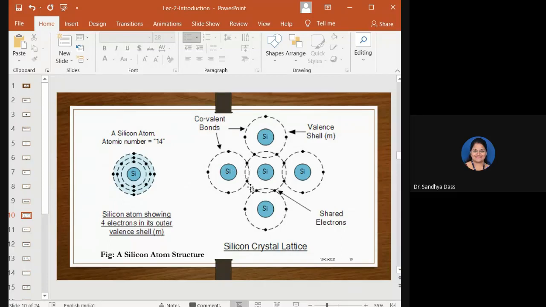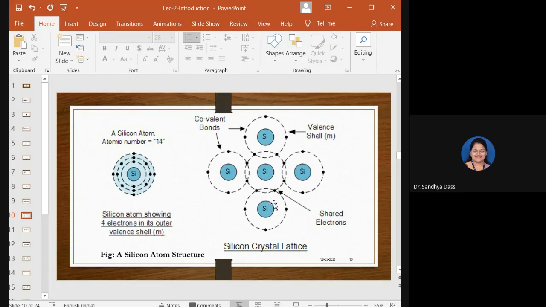So as there are very few free electrons available to move around the silicon crystal, the crystals of pure silicon or even germanium are therefore good insulators, because of the covalent bonding there are no free electrons to move, right?